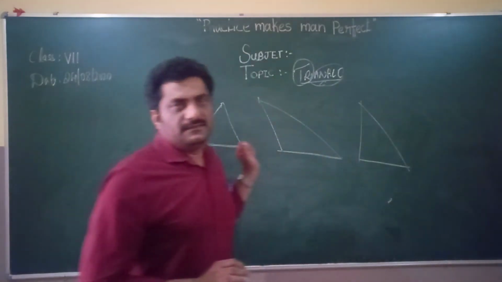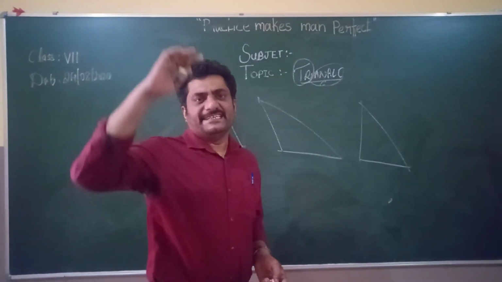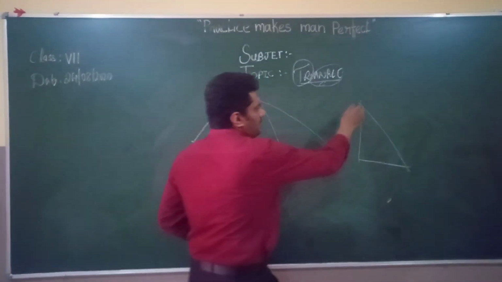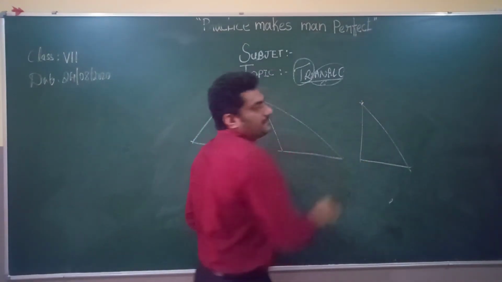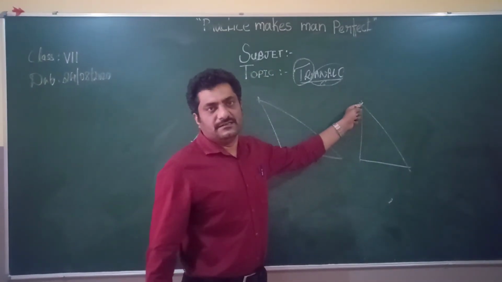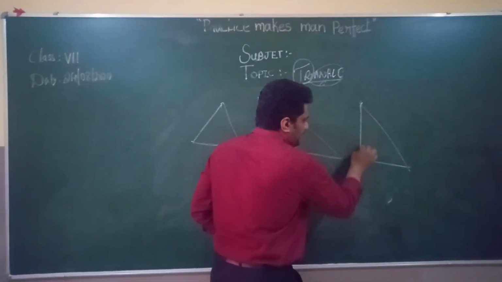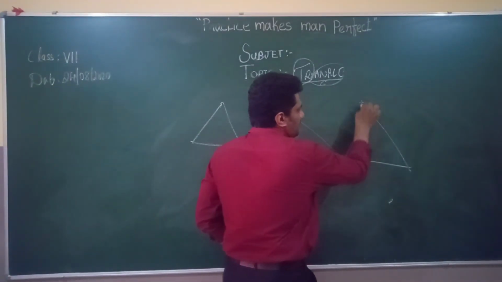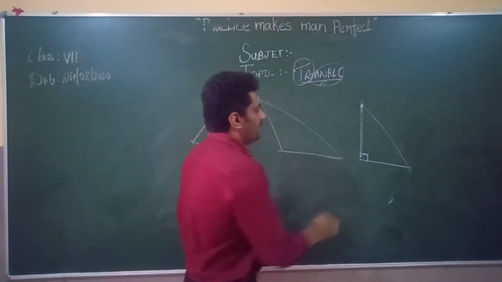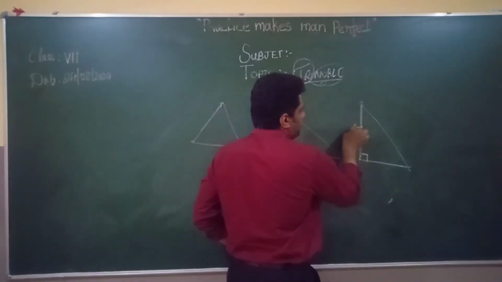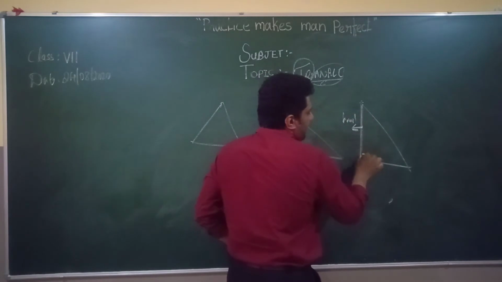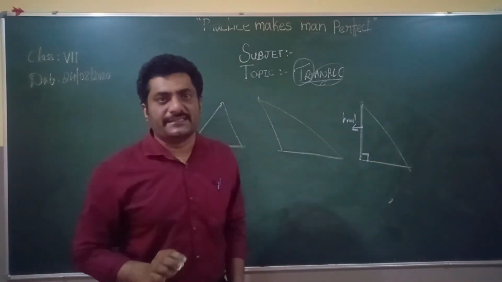Similarly with the triangle, the height has to start from the apex. Apex is the topmost part, the first vertex of a triangle. From here, this line is vertically standing, and this is the height. It has to be 90 degrees whenever you check the height.